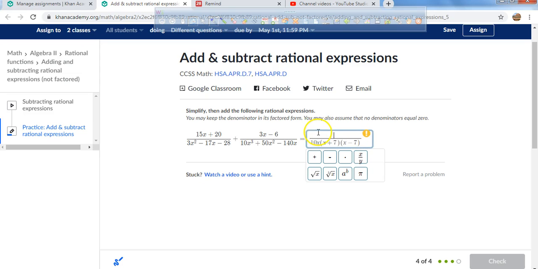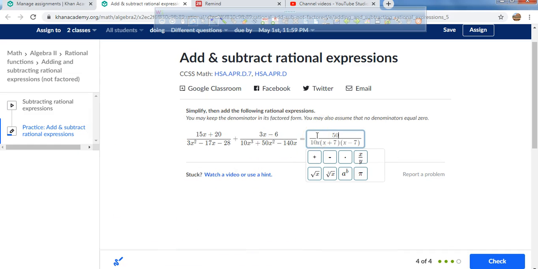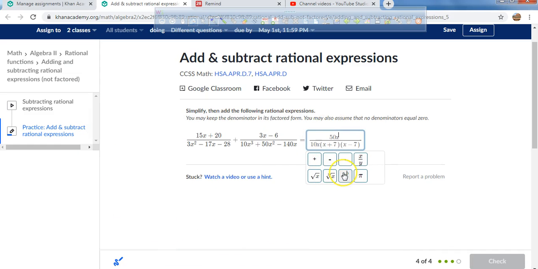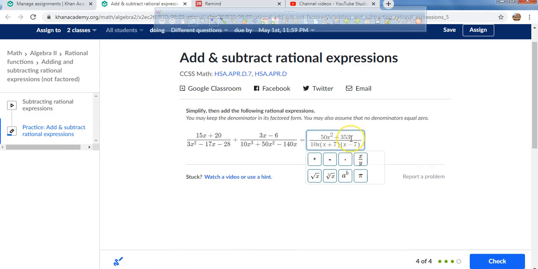All right. And then we got 50x squared plus 353x and a minus 21.